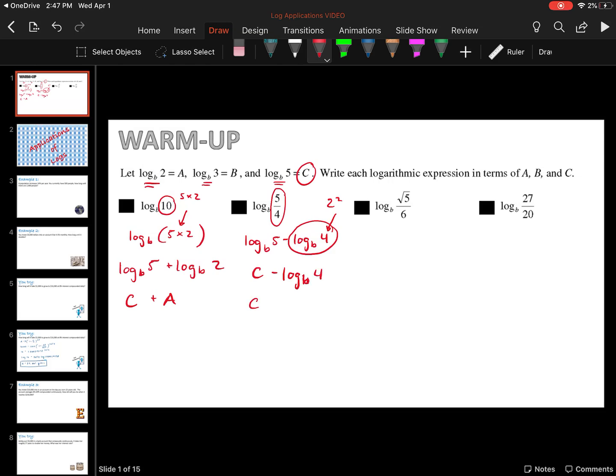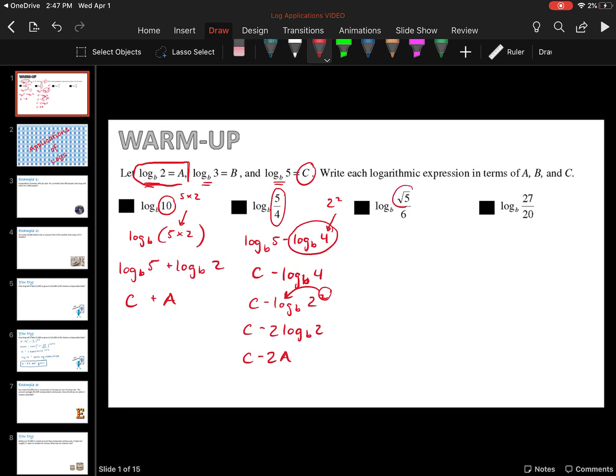Like that. And then I'm going to rewrite it as log base b of 2 squared. And anytime we have an exponent, the exponent drops down out front and becomes the coefficient. So it's c minus 2 log base b of 2, and we know from the directions that log base b of 2 is just a, so this will become c minus 2a.